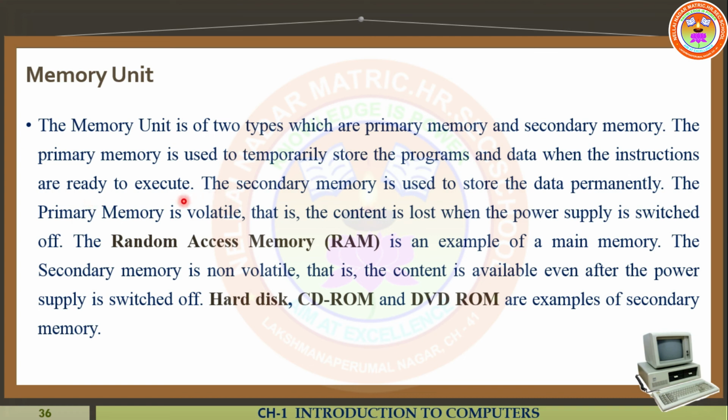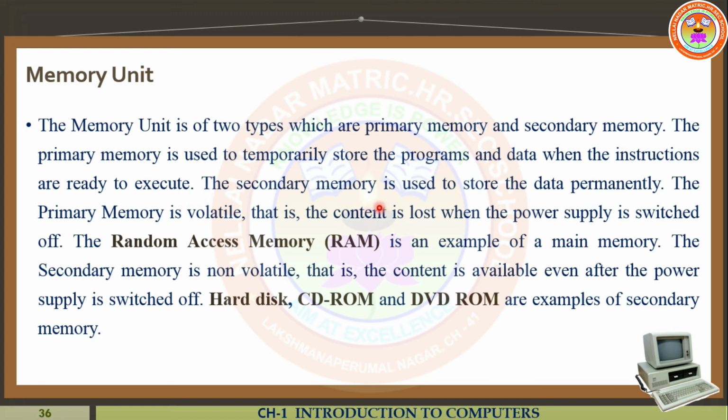So whenever we want to execute anything, or whenever the execution process is ready, the programs and data should be stored temporarily. Then only will the execution process start. Without storing, we can't do any execution process. So that is the main purpose of the primary memory.